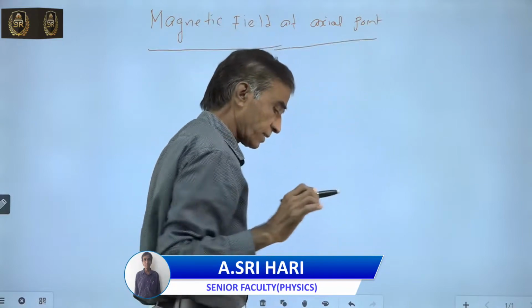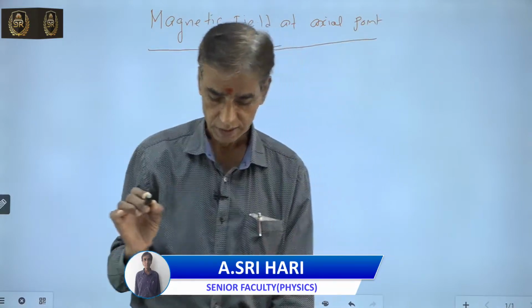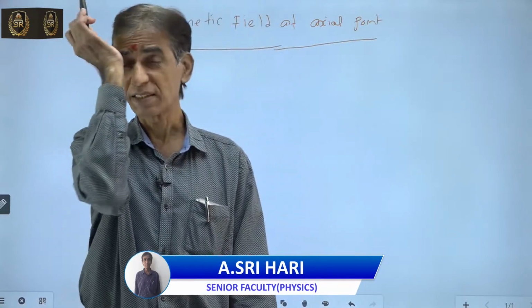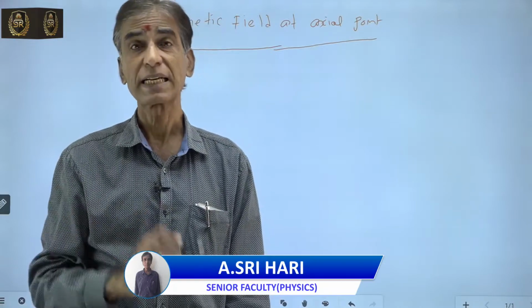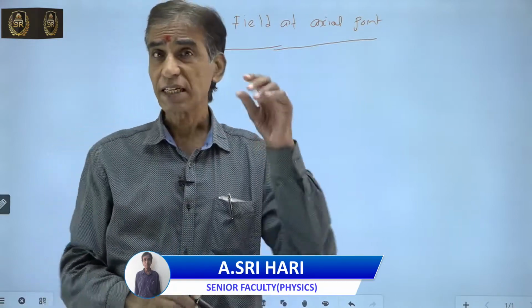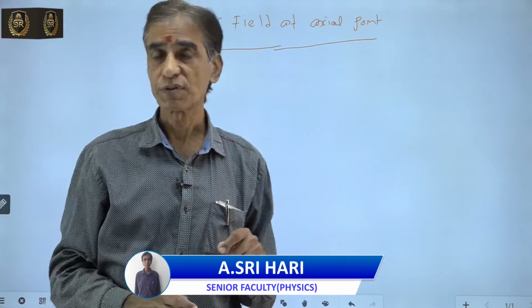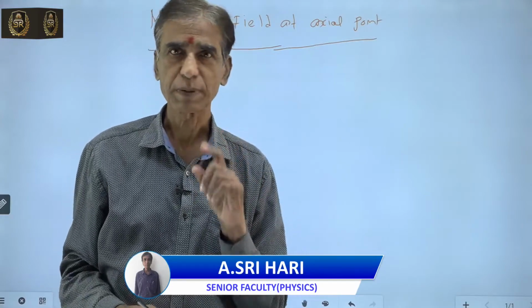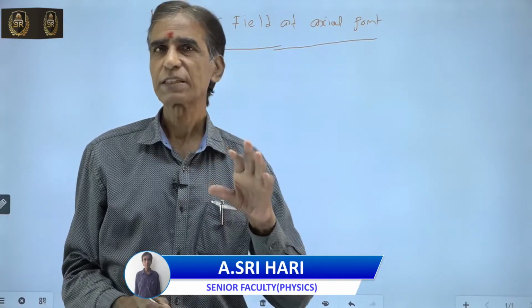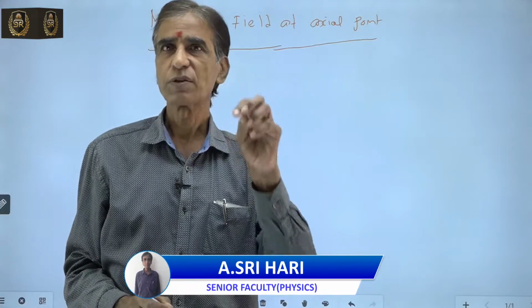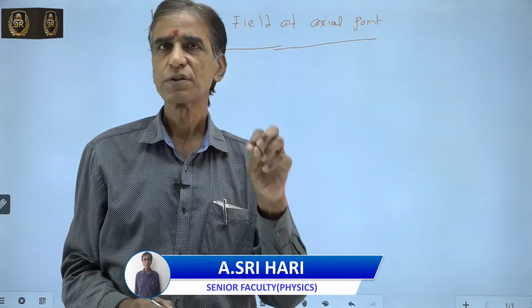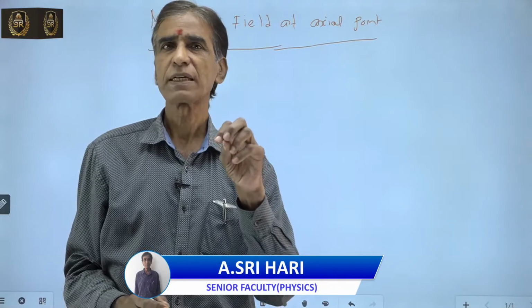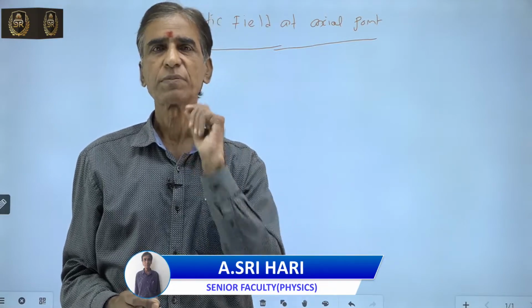Now here when we talk about electrodynamics, that is moving charges and magnetism, related to Biot-Savart's law, first we discussed the Oersted experiment. Regarding the Oersted experiment, I told you 3 points you have to keep in mind.